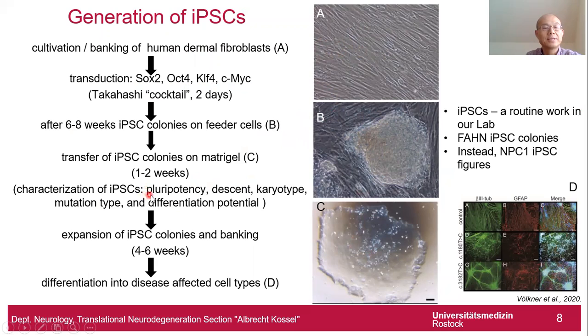After characterization of these iPS, for example pluripotency, descent, karyotype, mutation type, and differentiation potential, they will be driven to develop into disease-affected cell types, for example, like here.